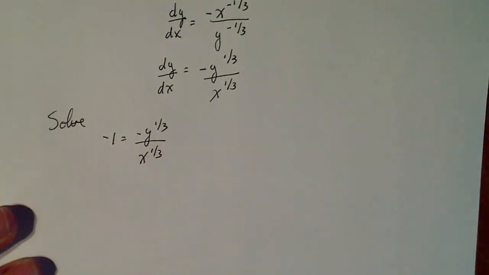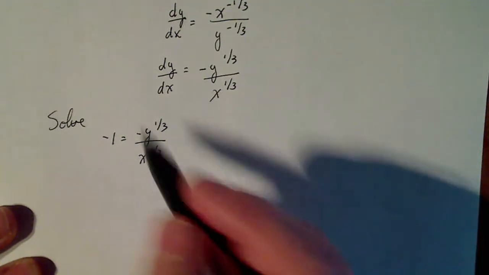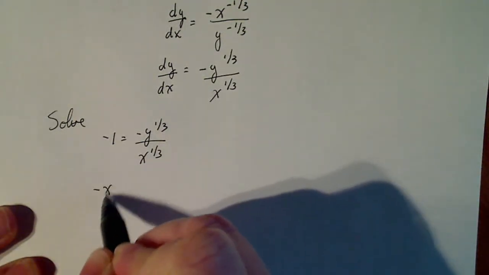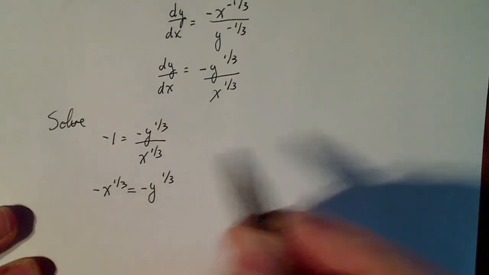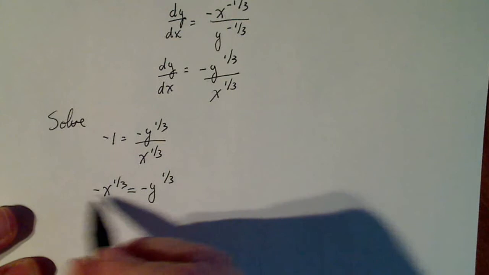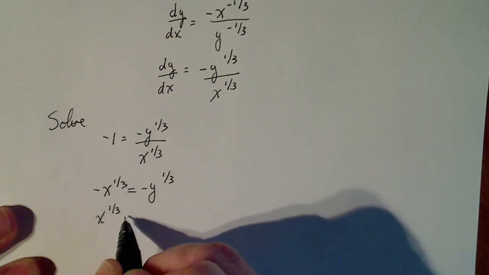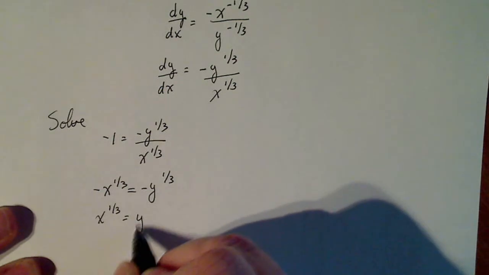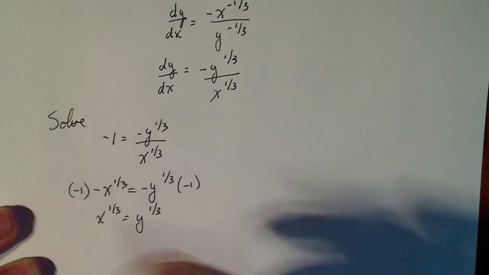So if I think back to intermediate algebra, I'm going to multiply both sides by x to the 1/3. So I have -x to the 1/3 equals -y to the 1/3. I just multiply both sides by -1, so I have x to the 1/3 equals y to the 1/3. I'll write that down just to keep confusion from happening.